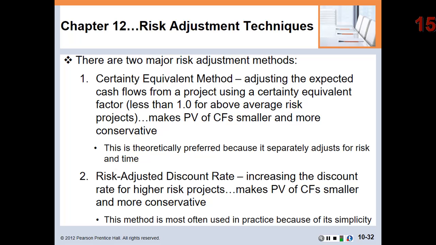And so if we multiply these cash flows by this certainty equivalent factor, which is going to be less than 1 for an above average risk project, so the lower the certainty equivalent factor, the riskier the project.